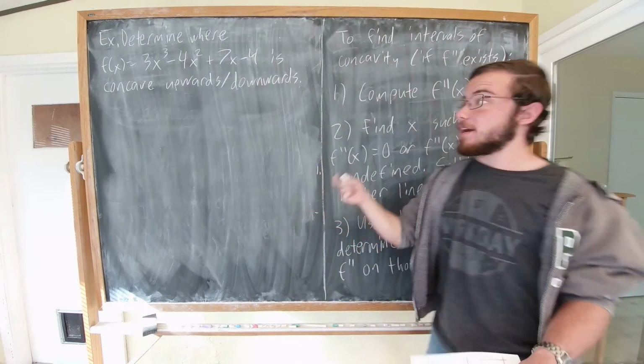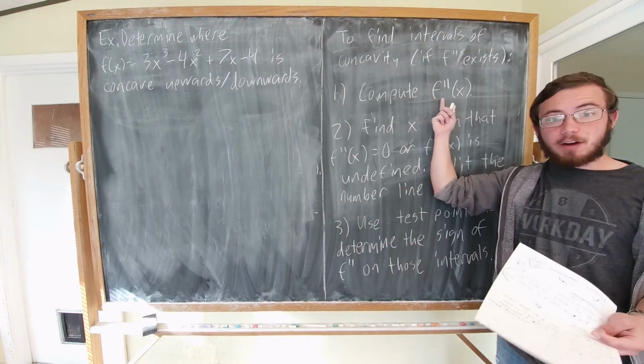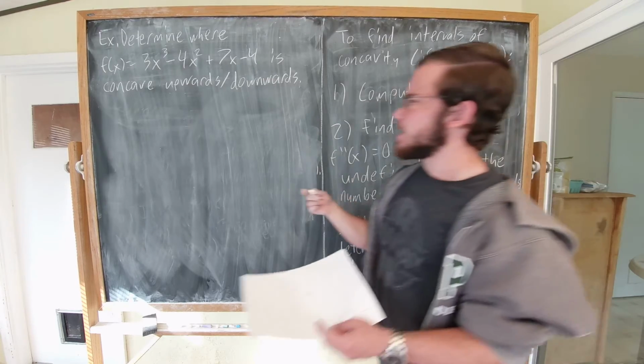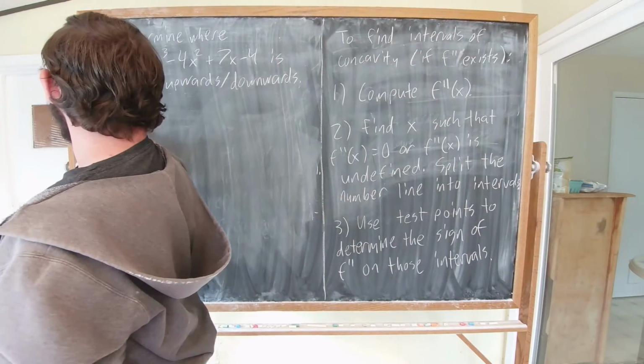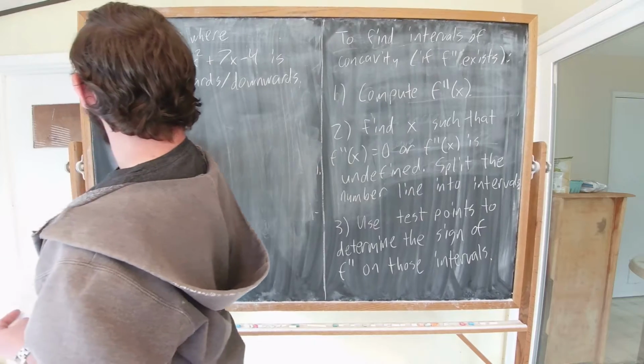Alright, well, to do that, according to this process here, we should start by computing the second derivative. To get to the second derivative, we compute the first derivative first.